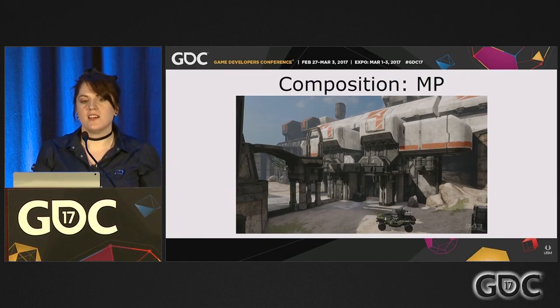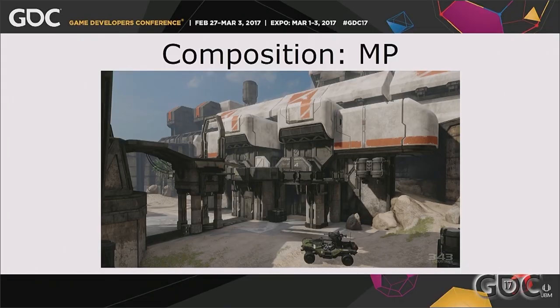Whereas in multiplayer, framing is still really important, but you're framing different things. You are making clear the player path options they have, so that when players are running around the space, they can make split-second decisions about where they're going.